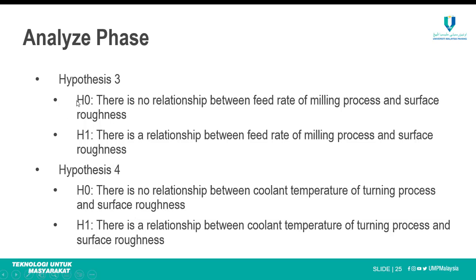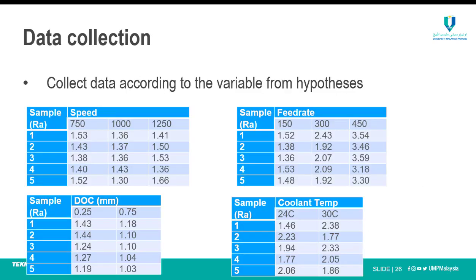In order to accept or reject the null hypothesis, we must conduct an appropriate hypothesis test, and we look at the p-value as well as the F value in the statistical test output.